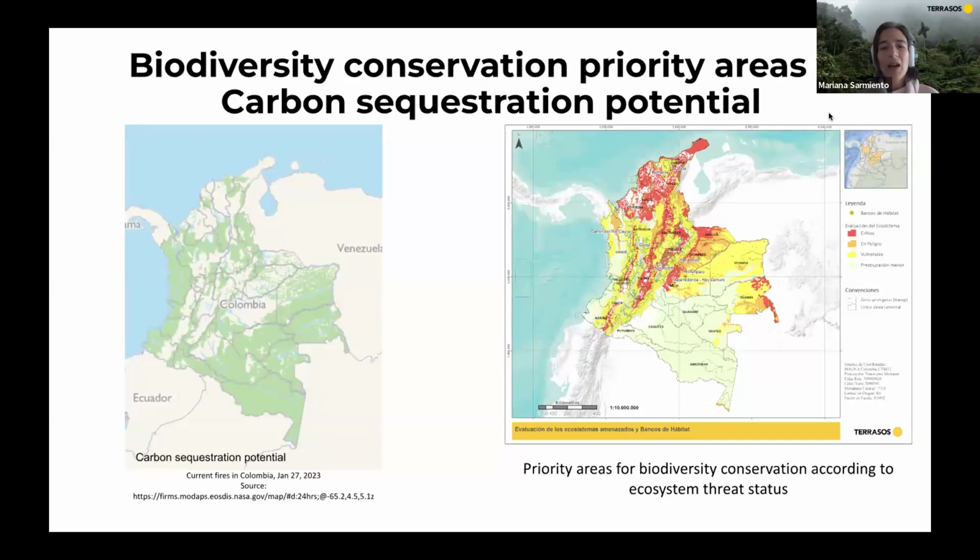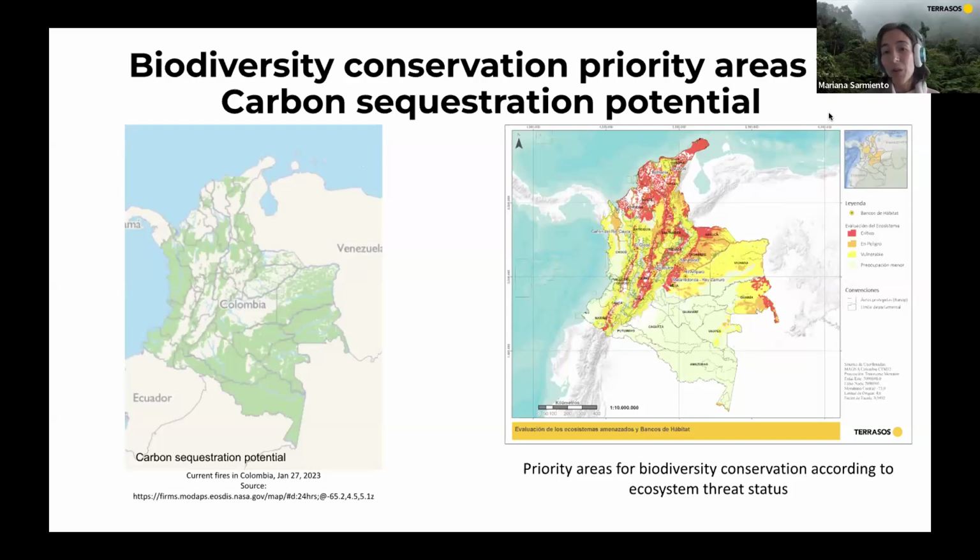To the right, you have where threatened ecosystems are. And if you notice, they don't match, right? So at the end of the day, biodiversity markets are complementary to carbon markets.